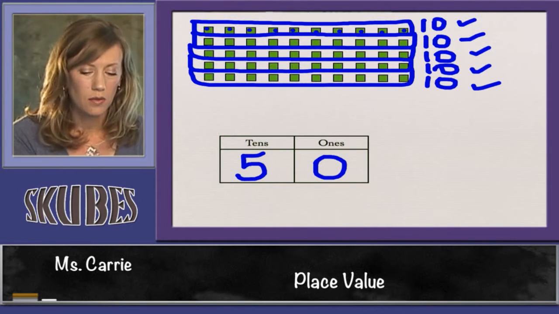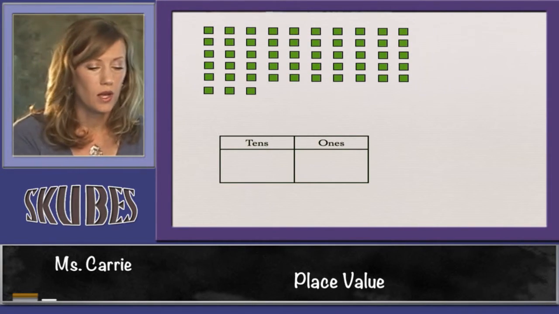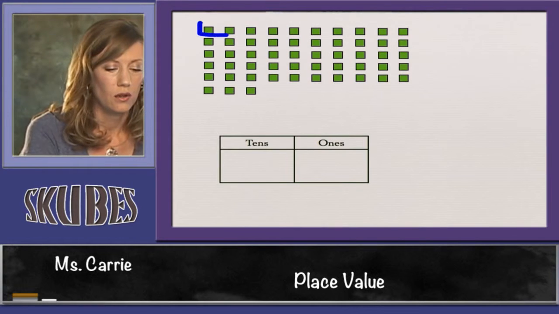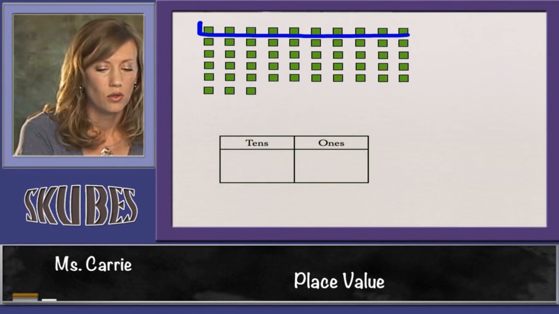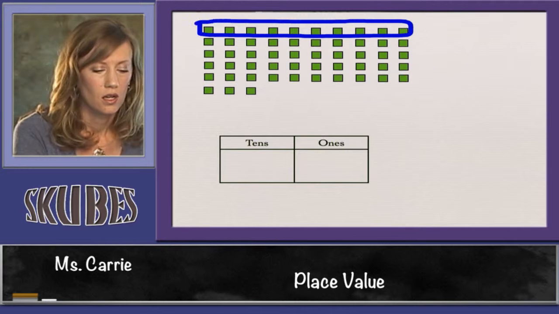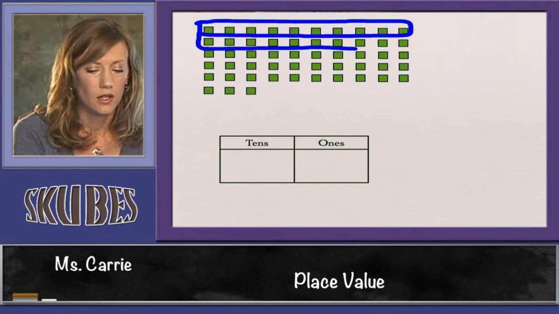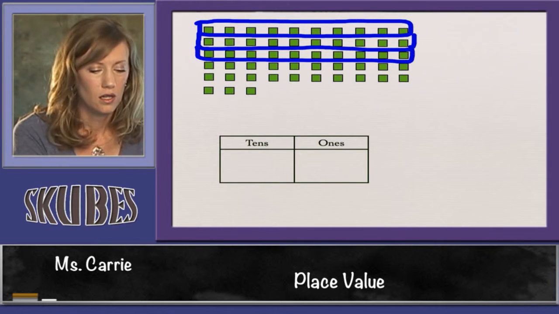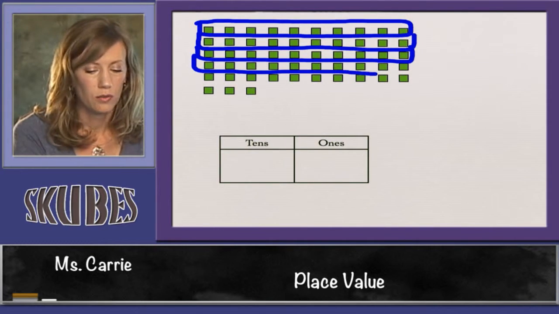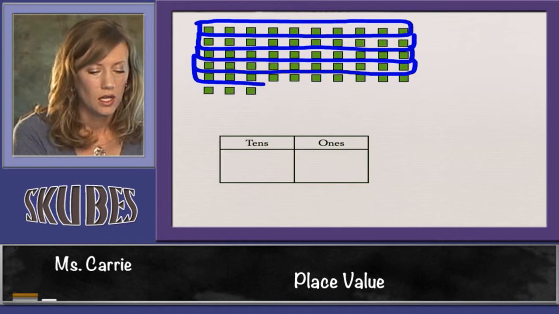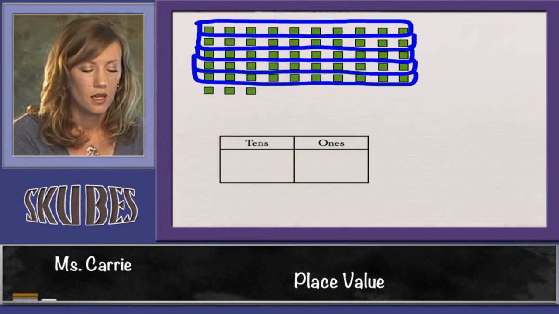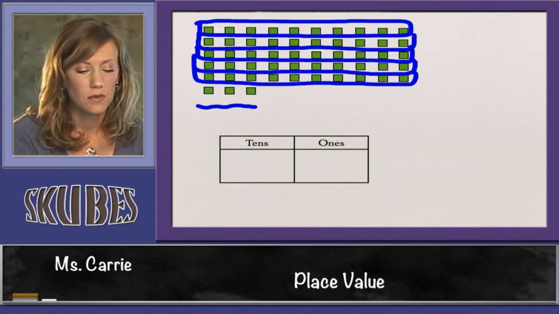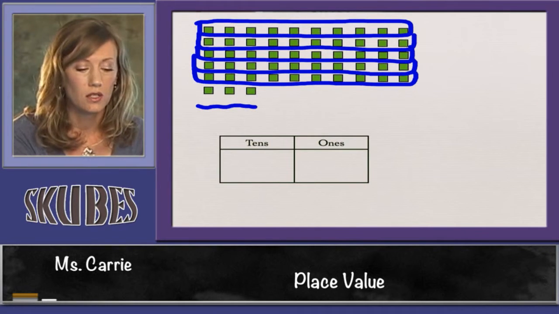Let's look at another example of having more than 10 ones. Well, we knew that this is a group of 10. This is a group of 10 right here. Right here we have a group of 10. Here we have a group of 10. Here we have a group of 10. Now, I can't make these last 3 into a group of 10 because there aren't 10.